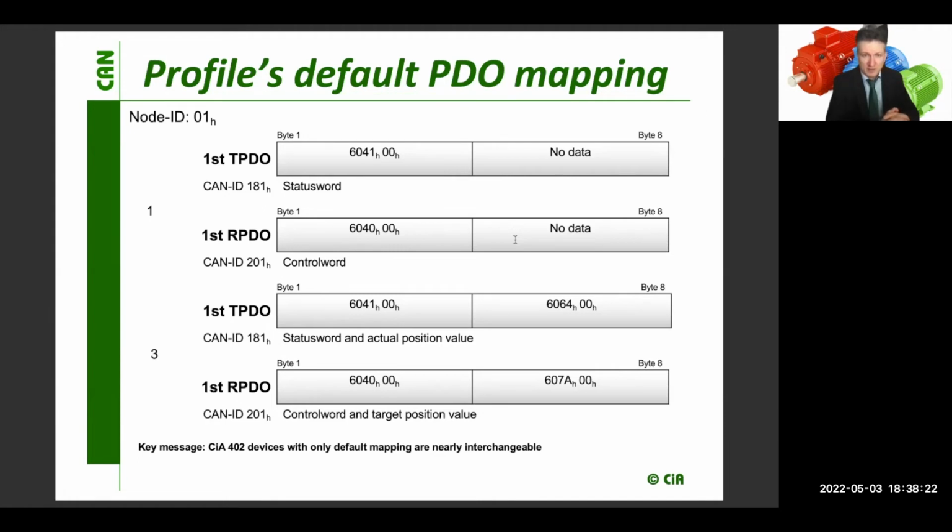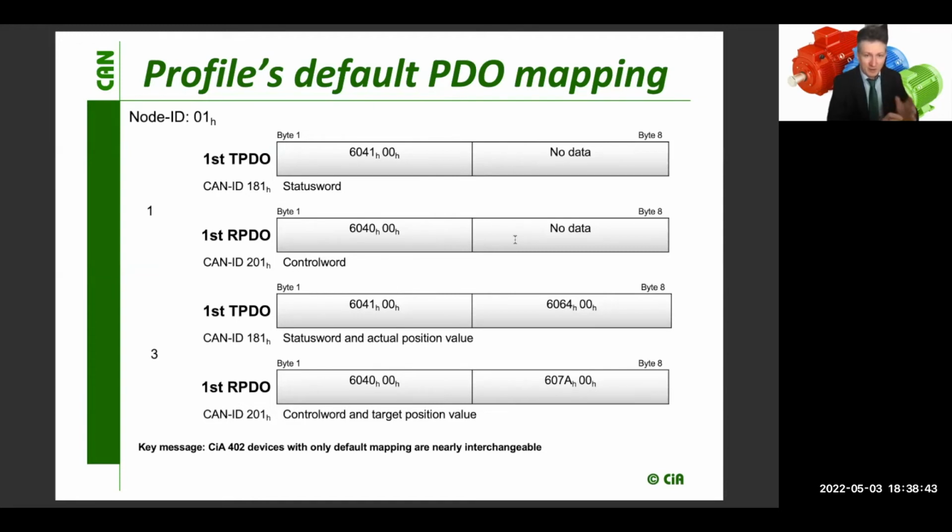Two variations of PDO mapping are provided in the slide. In practice, there are several of those. You could carefully choose, depending on the kind of device, which process data you will use.